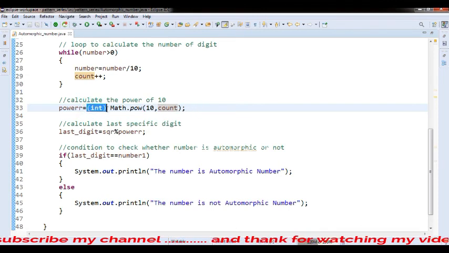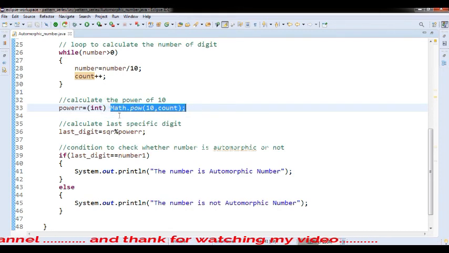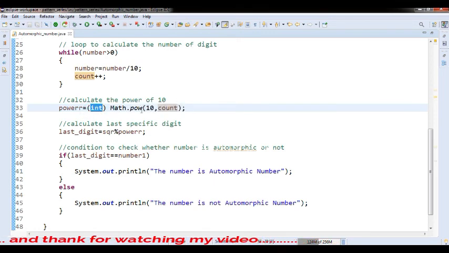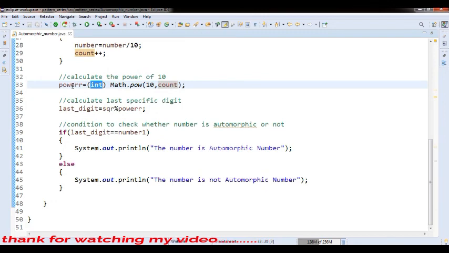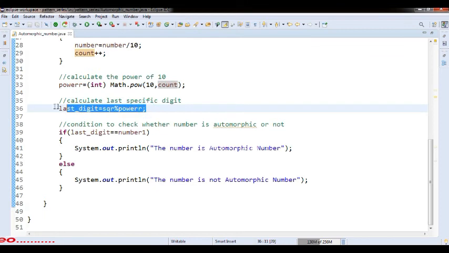And why is this typecasting? Because this function returns a double value and we want an integer value, so here we can typecast it. Then after that, calculate the last specific digits. Last specific digits equals sqr percent power, which gives the last digits. Is that clear? To get the last digits we use the remainder operator.